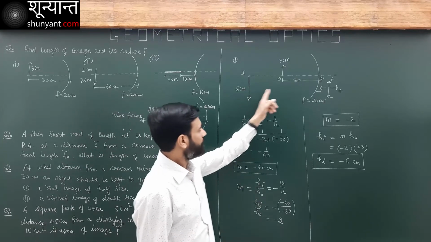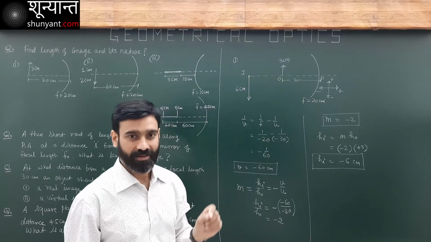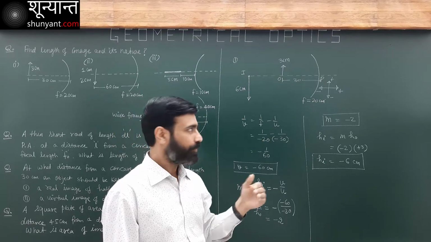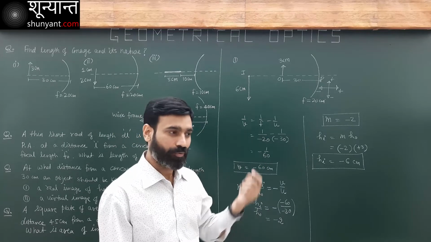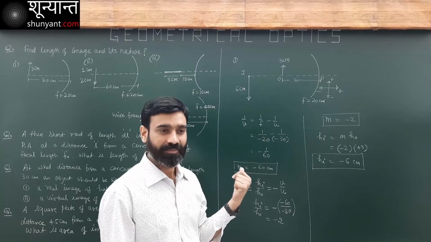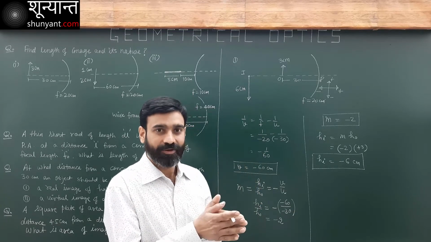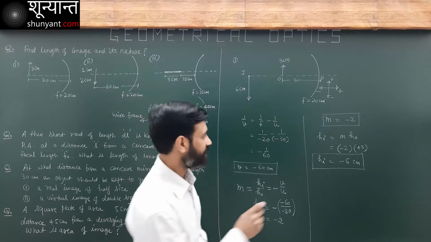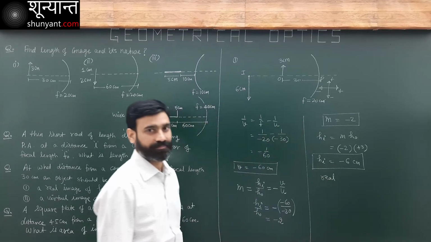The image is formed on the same side as the object. This is a case of mirror. Image is formed because of reflection. Reflected light is going to meet only on the left. Image is also on the left. That means this image has been formed after actual meeting of reflected rays, so it is a real image.